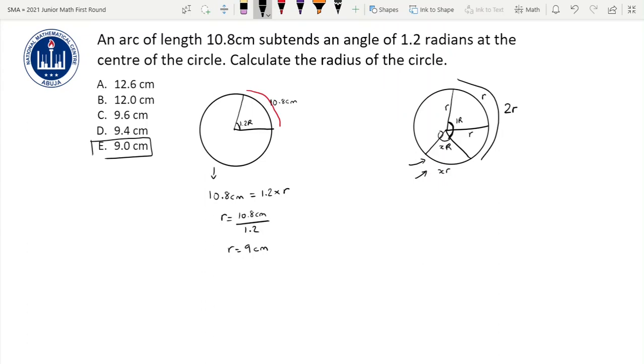If you have an angle of 1 radian at the center, then the length of the arc that angle faces is going to be 1 times the radius, which is just the radius. If you have an angle of 2 radians at the center of a circle, then the length of the arc that angle faces is going to be 2 times the radius, which is 2r. So that's how this works. This is how to go about solving this question of the exam.